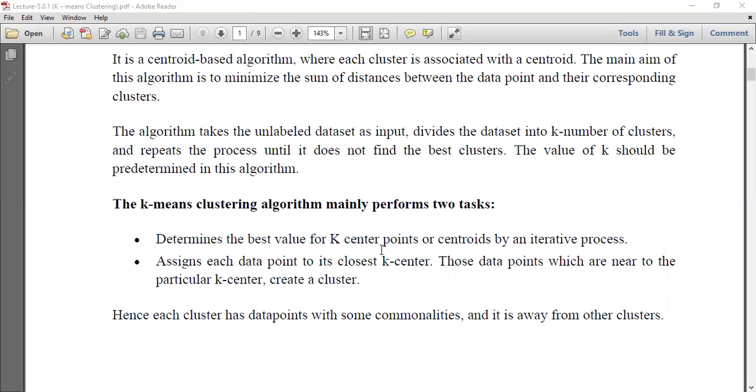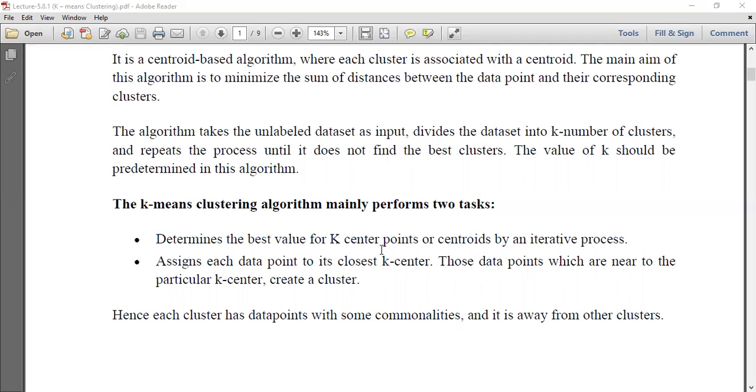The K-means clustering algorithm mainly performs two tasks. First, determine the best value for K center points or centroids by an iterative process. Second, assign each data point to its closest K center. Those data points which are nearer to a particular K center create a cluster.